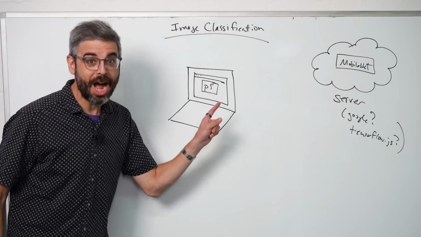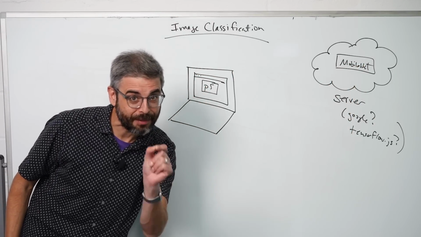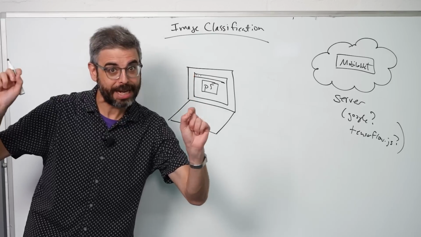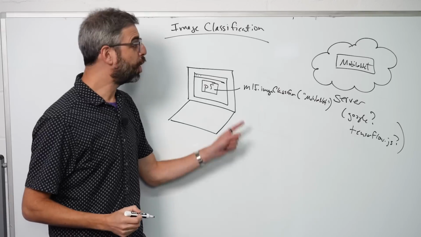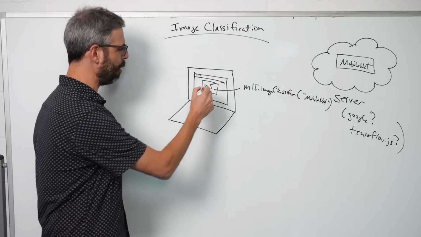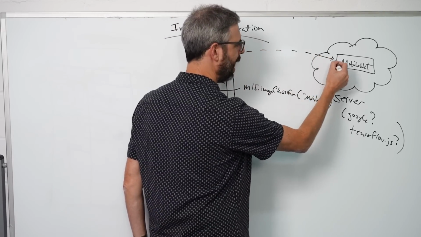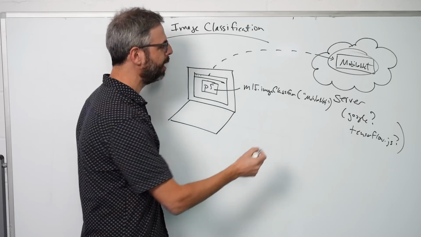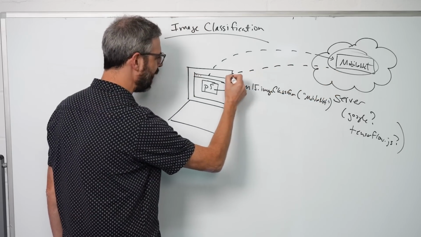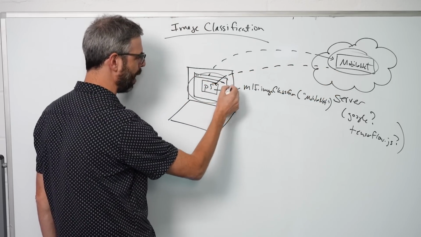When from p5 you call the imageClassifier function with the MobileNet string, the code reaches out to that web server and gets the files for the MobileNet model and downloads them into memory inside the web browser.